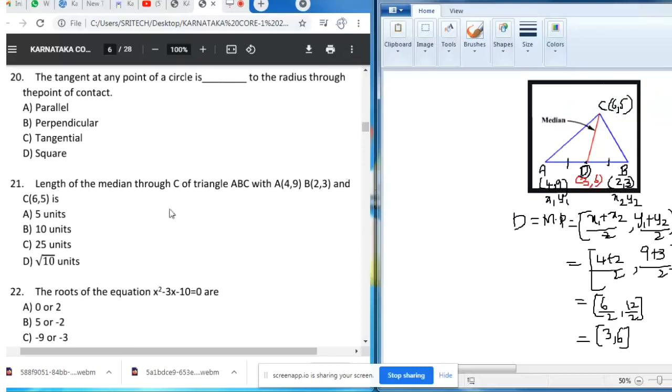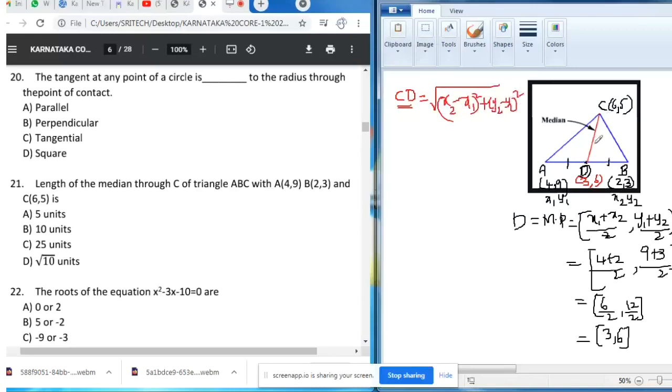So now they are asking to find the length of the median through C. The red line is the median. To find the length of the median CD, we have to use the distance formula. So our target is to find the length of the median, which is represented as CD in the diagram, which is given by the formula root over (x2 minus x1) whole square plus (y2 minus y1) whole square.